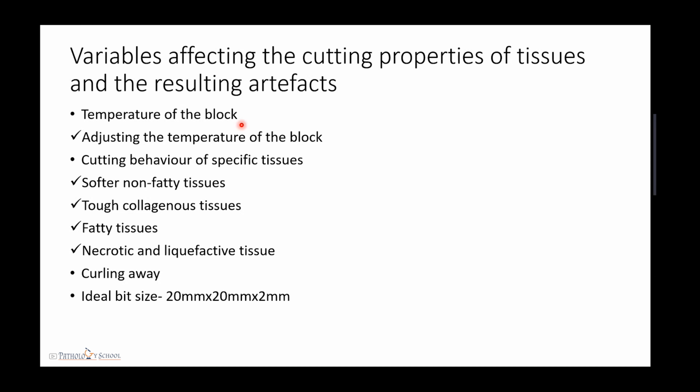Softer tissues which have higher lipid content, we need to freeze to even lower temperatures to make them harder. And the tough tissues, we do not need to freeze as much; we can freeze up to minus 10 or minus 20 degrees Celsius, and it will get hardened. To prevent curling away, we already have that anti-roll guide. The ideal bit size is 20 by 20 by 2 mm.